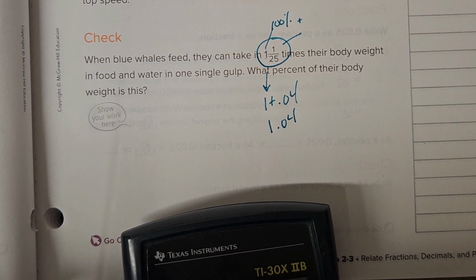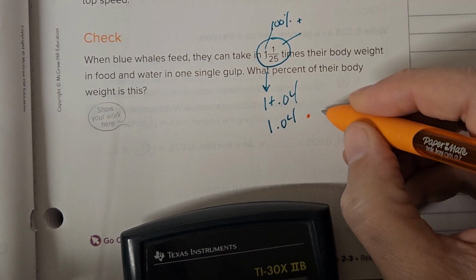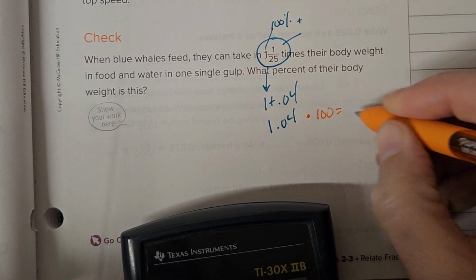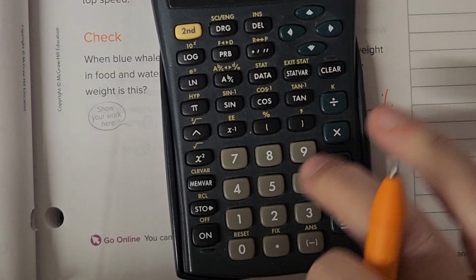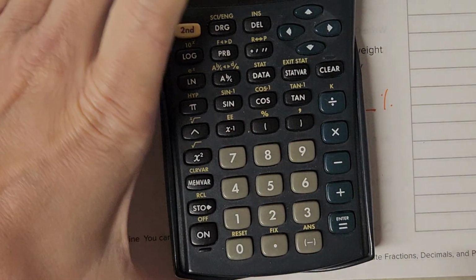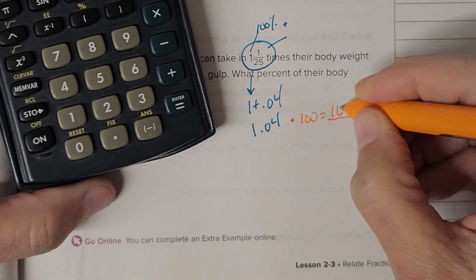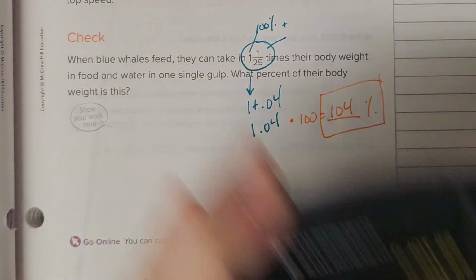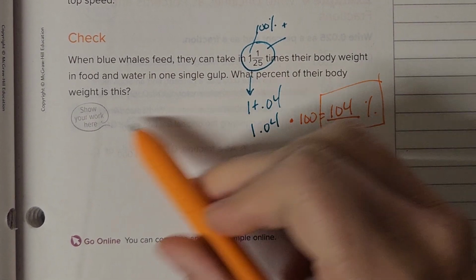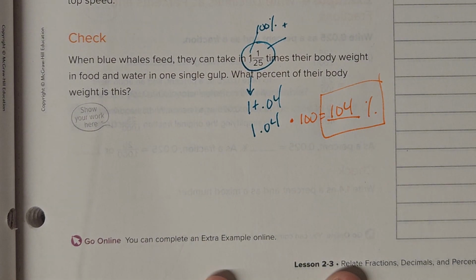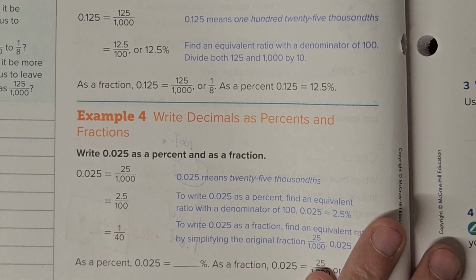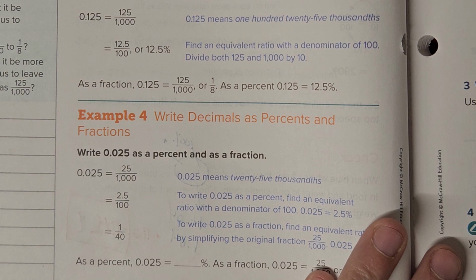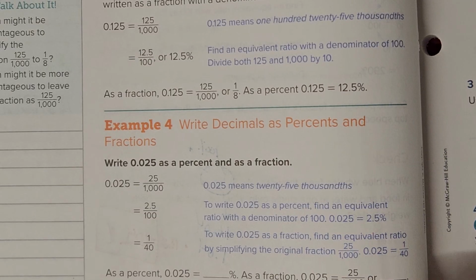And then if we take that and we times that by 100, we're going to get our percent. 1.04 times 100 is 104%. What percent of their body weight? 104% of their body weight they can intake in a single gulp. Wild. Who knew? Now we got to go from decimals to percents and fractions.